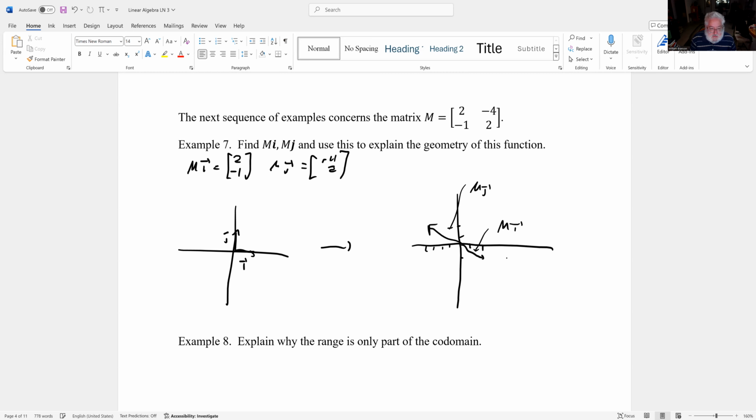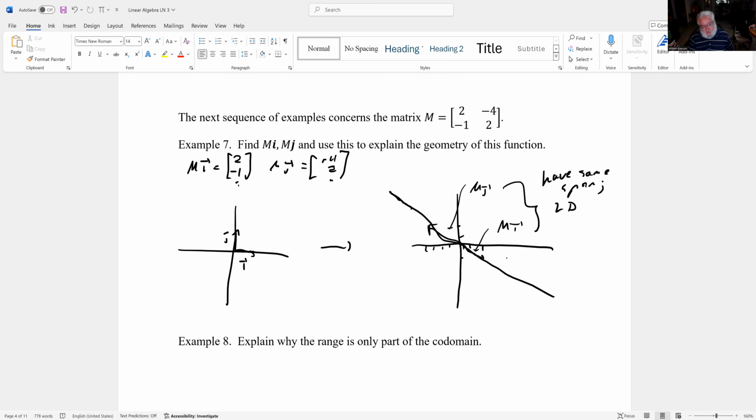And by now we know that this vector times minus 2 gives you that vector. In fact, these two vectors have the same span, right? Which is the same thing as saying they're linearly dependent, right? In fact, mj is just minus 2 times mi.